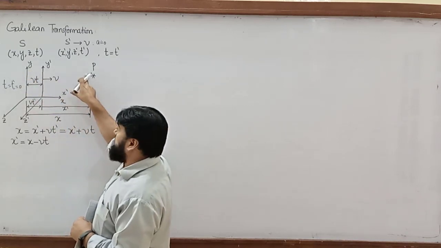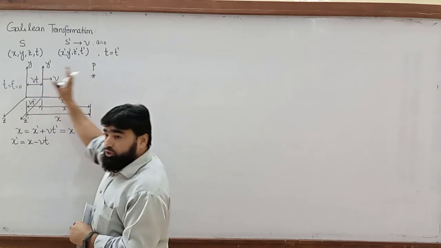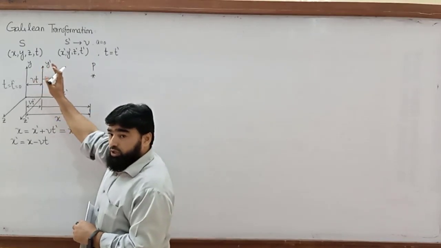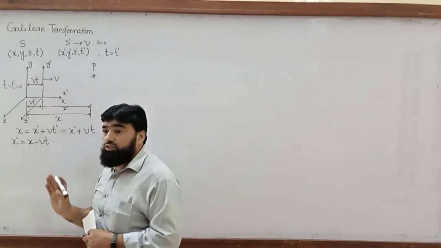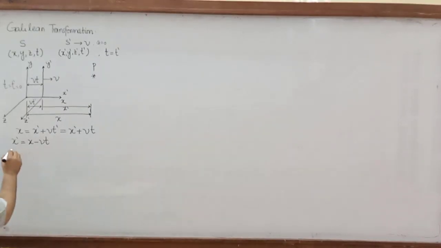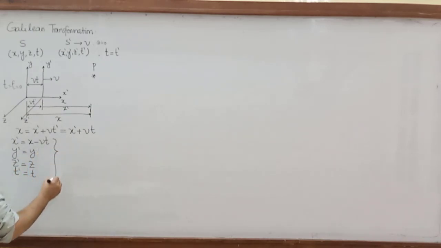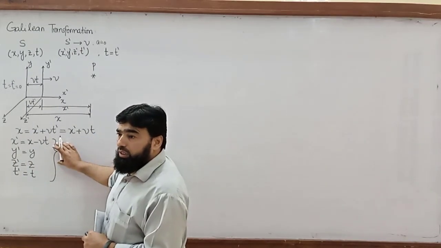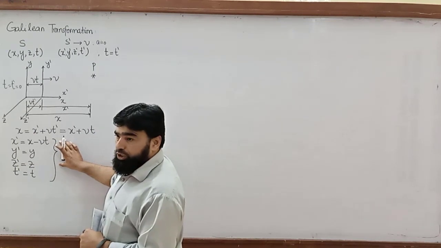Along the y-axis, the event is only a location along the x-axis, while the y-axis and the z-axis are not being affected. So I will write that y prime is equal to y and z prime is equal to z, while t prime is equal to t. And this I call the set of equations of the Galilean transformation.